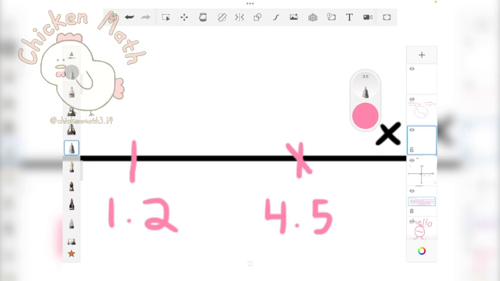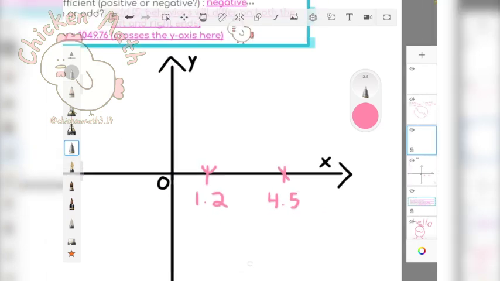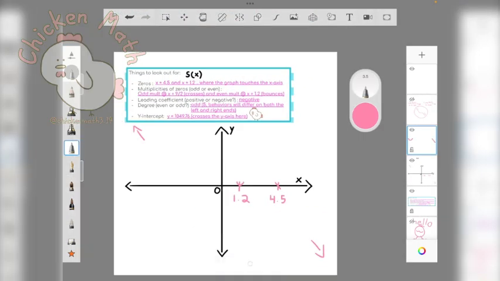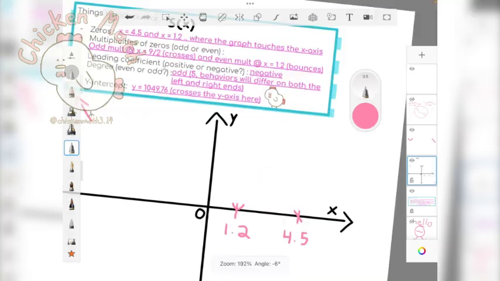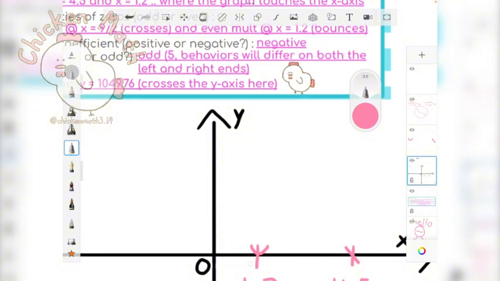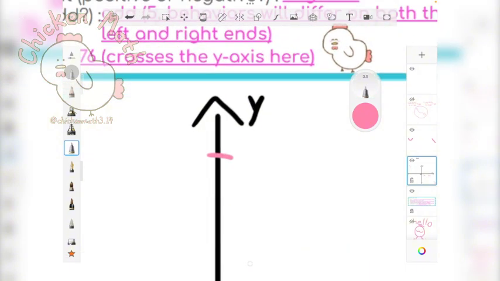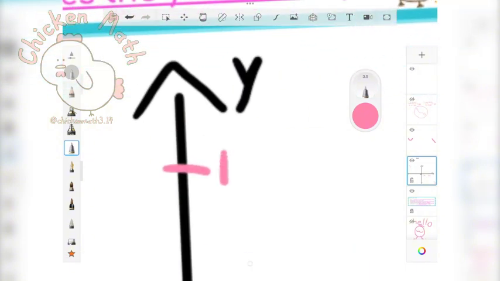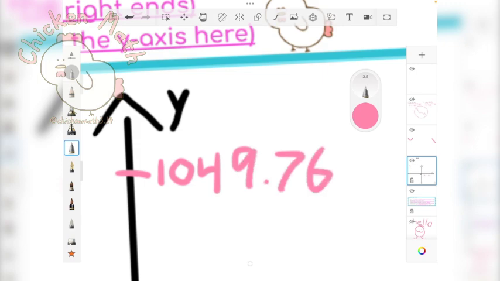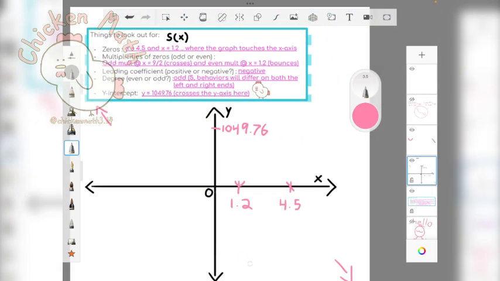So I will kind of draw that out like that, just to keep that in mind. Alrighty. Now we're going to be looking at our y-intercept. That's the value that our graph will cross the y-axis. So we calculated that it would be 1049.76. Totally not to scale. All right, so that's where we're going to cross.